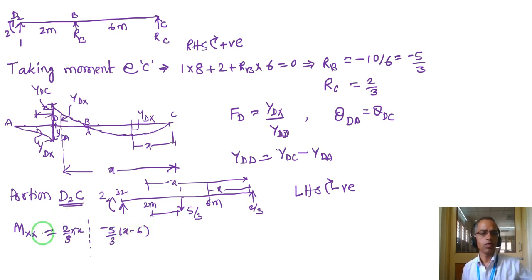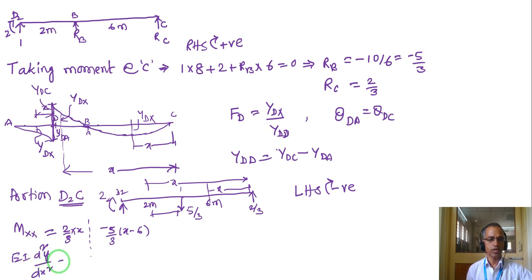Okay. So now Mx means EI d square y by dx square is equal to 2/3 x minus 5 by 3 (x minus 6).